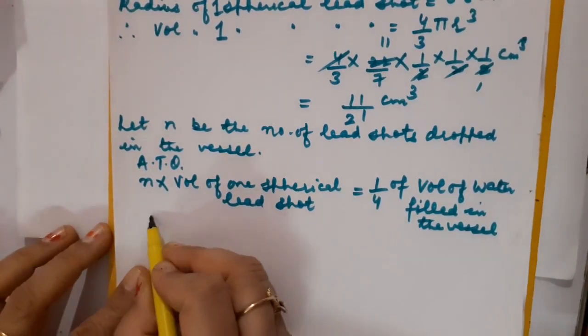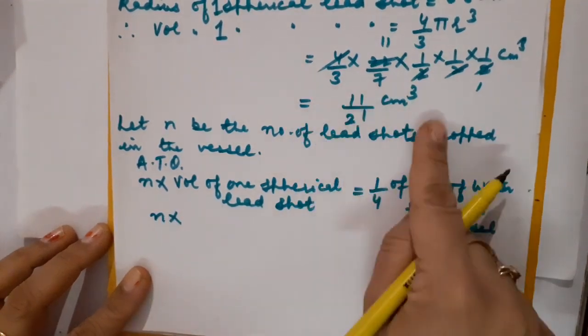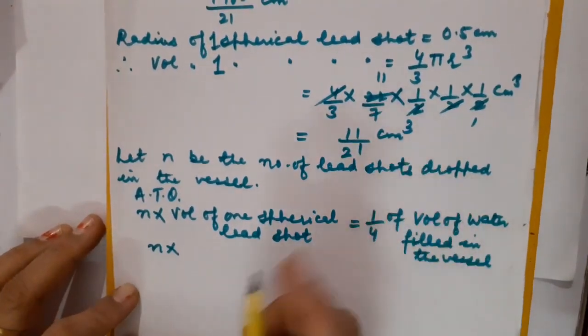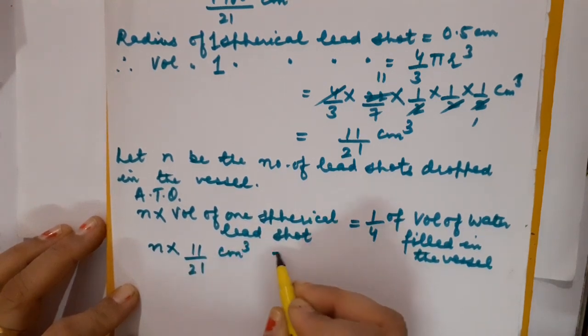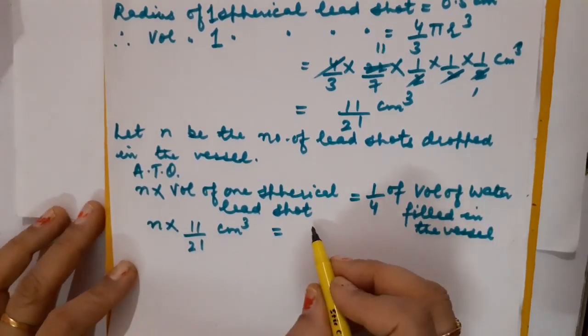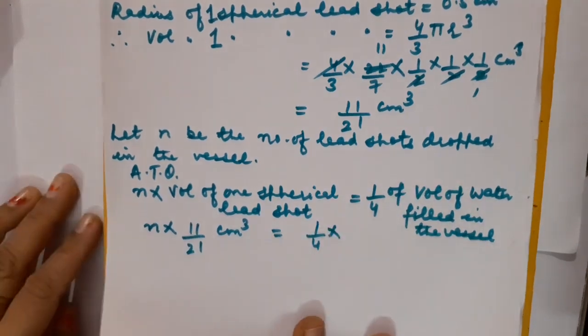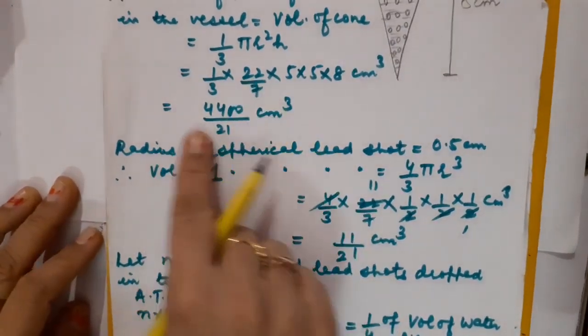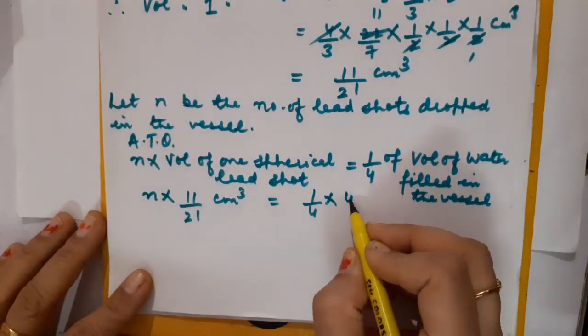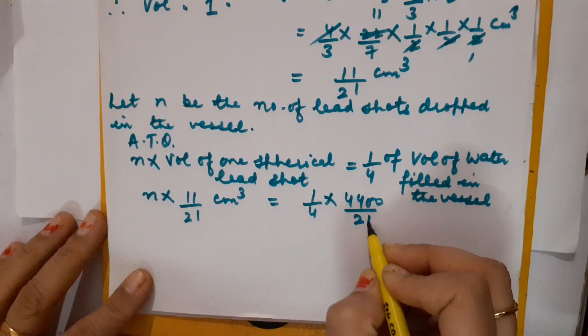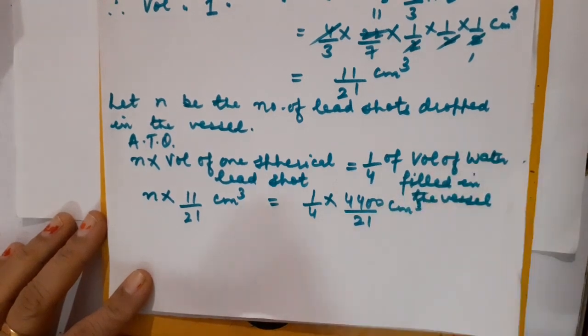So let us do it. N into, what is the volume of one spherical lead shot? That is 11/21 cubic centimeters. Must be equal to 1/4 of, what is the volume of water filled in the vessel, 4400/21 cubic centimeters. Correct?